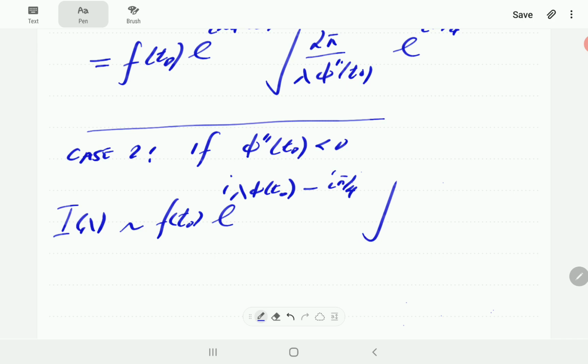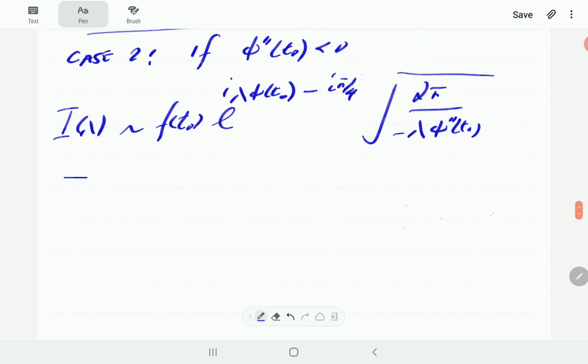Then this is going to be square root 2 pi over negative lambda phi double prime. Now, if phi double prime is negative, the negative of that makes this whole term positive.